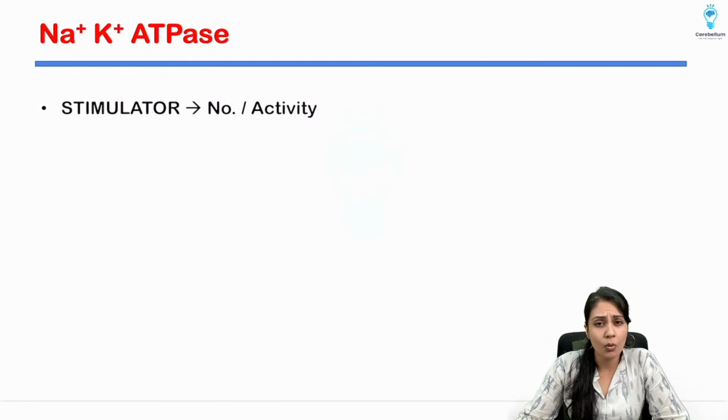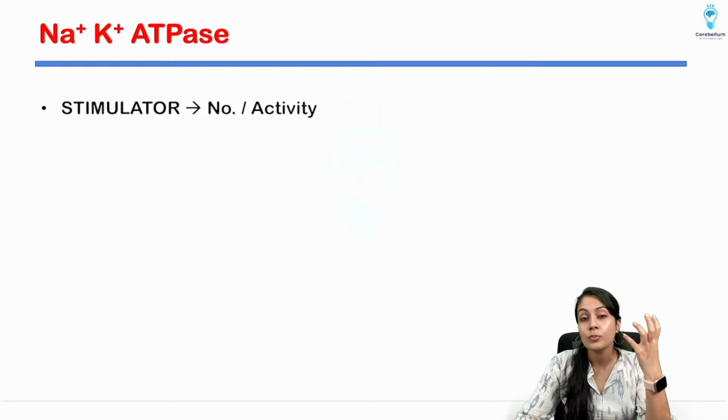What are the substances, what are the hormones, which can stimulate the activity of the sodium potassium ATPase, or stimulate its numbers?